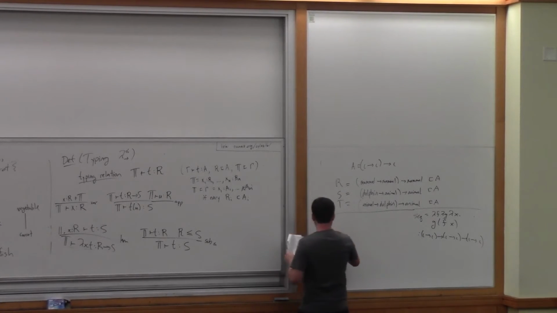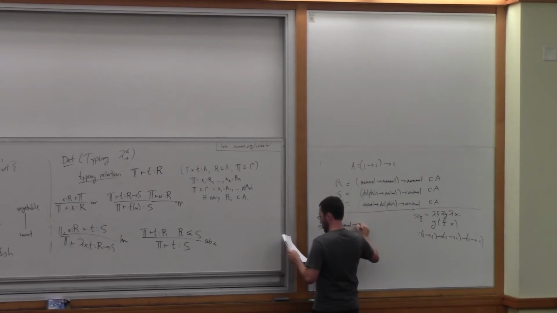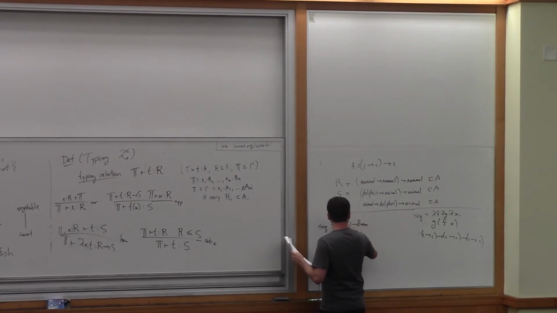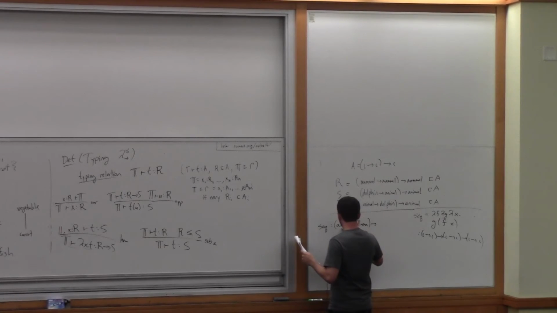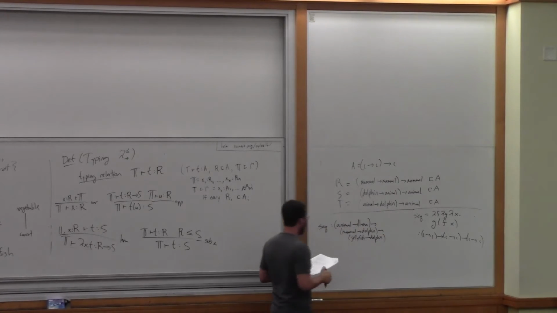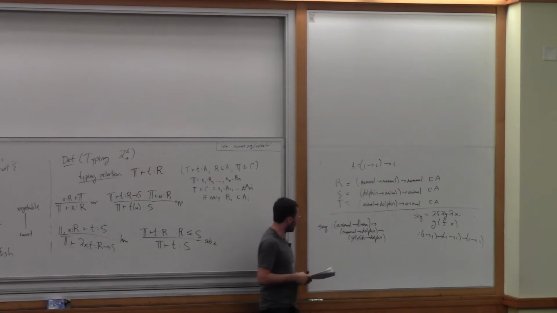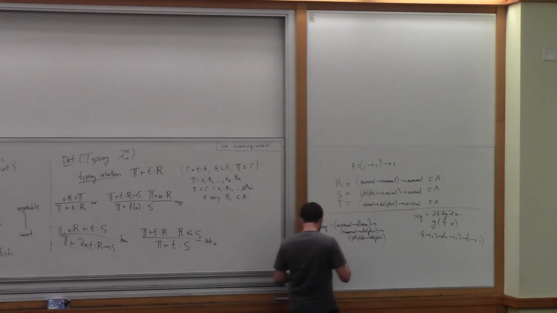So for example, we can show in this type system that sequential composition has this type. Okay, and you can think about that intuitively, why this works out. And so we can show this.